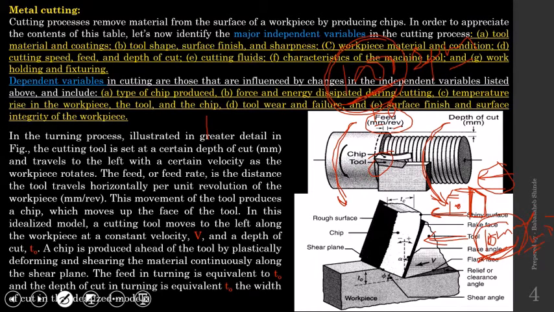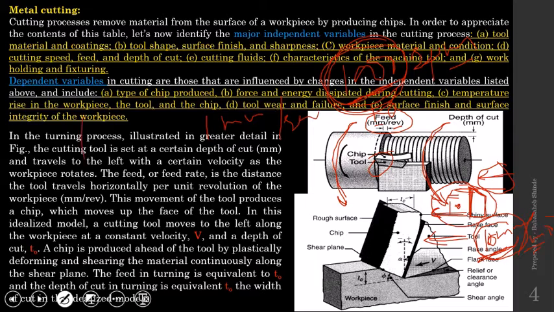I think I reversed the rotational speed and feed motion. What we need to do is divide this 10 millimeter by 1000. So the unit is mm per revolution.